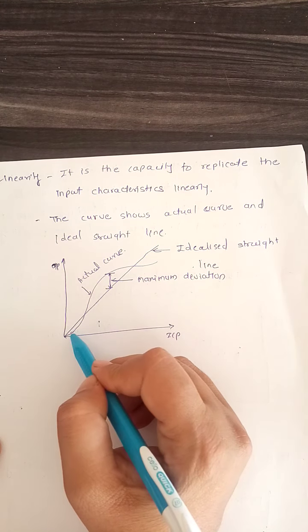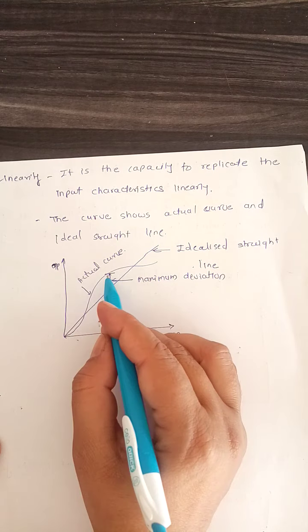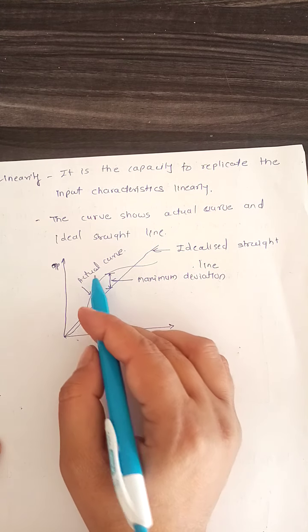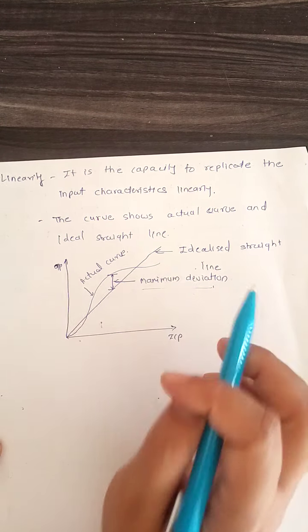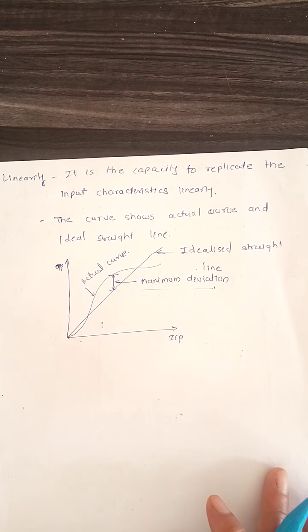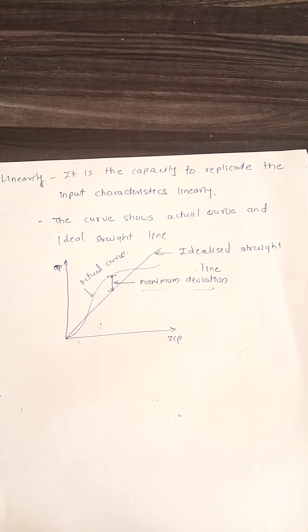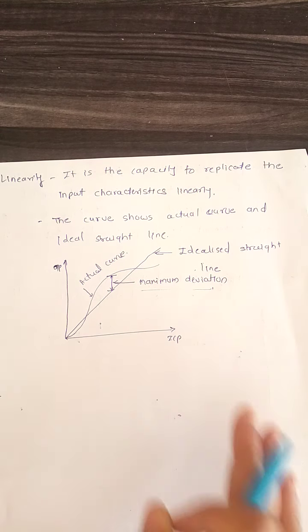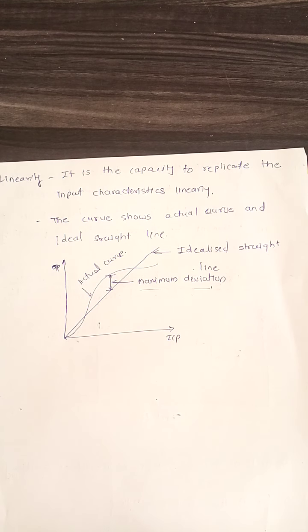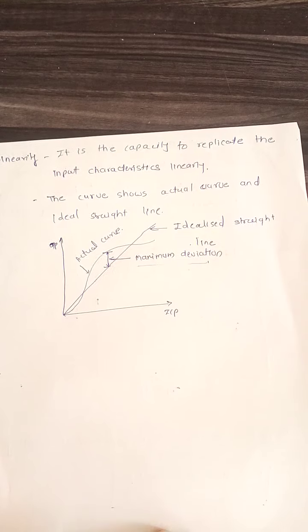Between the actual and idealized curve some deflection will be produced. This deflection is called the maximum deviation. Linearity is the capacity to reflect the input characteristics linearly. It means the input characteristic is linear but the output characteristic is not linear. These are the linearity.